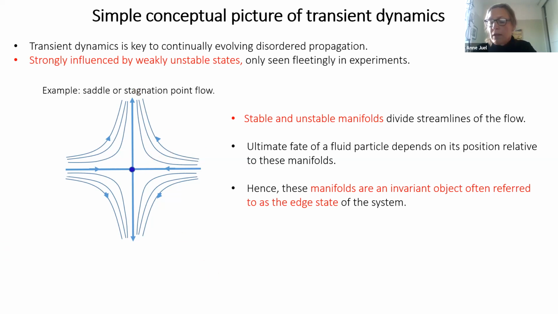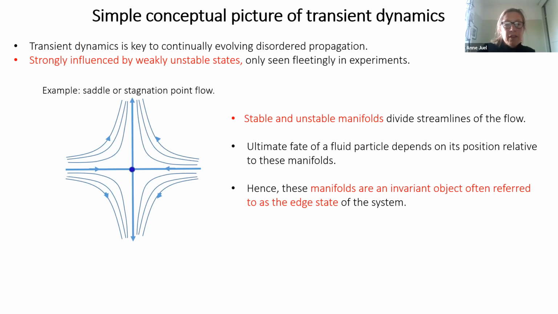And so you can think of these manifolds as invariant objects in phase space that direct the flow of the system. Often in the dynamical systems literature, they're referred to as edge states, and this is the simplest iteration of an edge state.